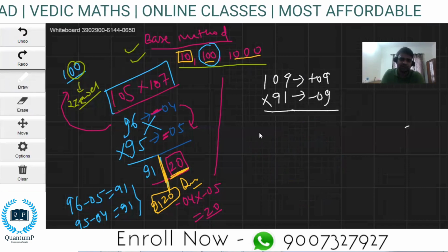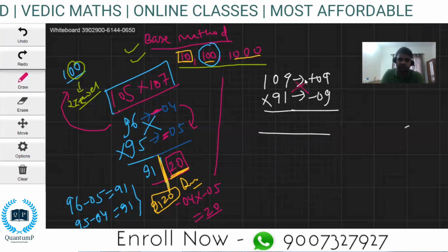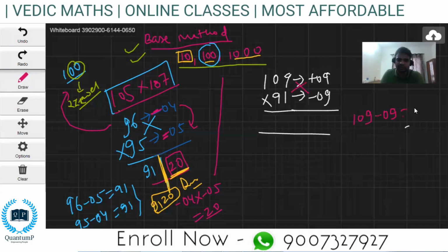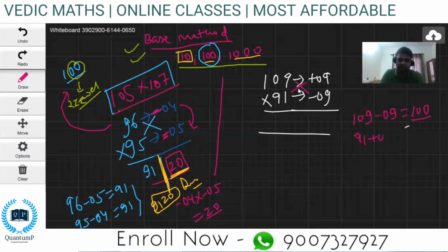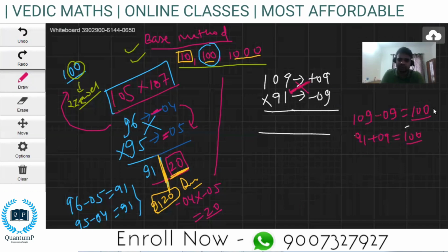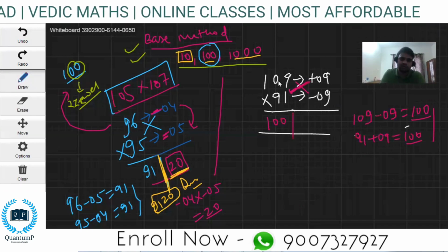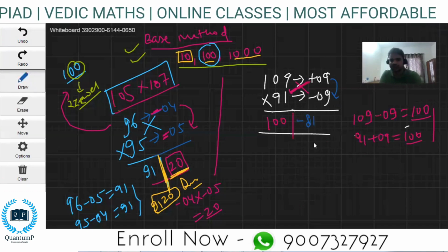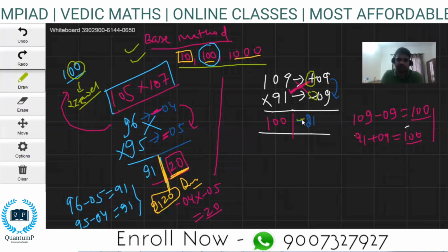Then if you do the cross, cross subtract and cross add: 109 and minus 09 will make 100, and 91 and plus 09 will be 100 again. So I'll write 100 here, put a line, and then we do 9 into minus 9. That is minus 81, since 9 times 9 is 81 and plus into minus is minus.